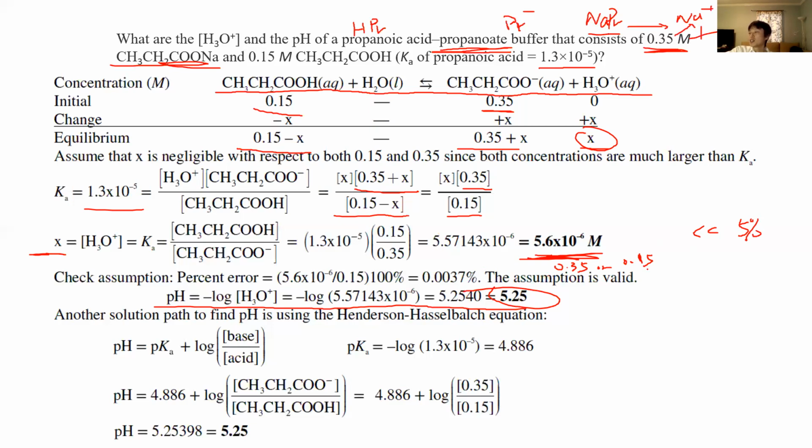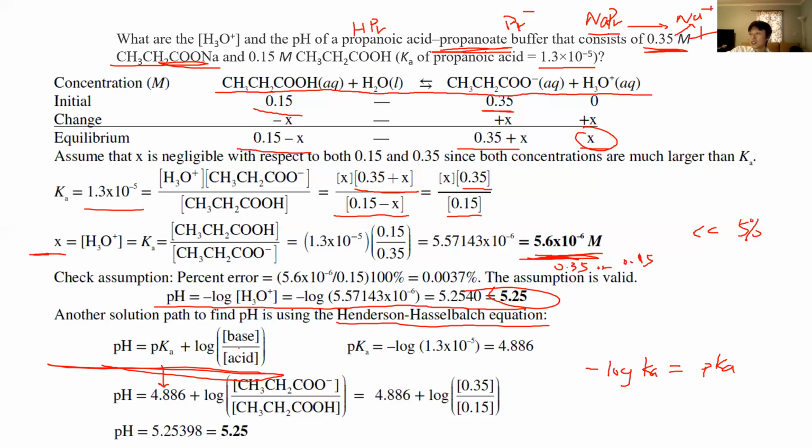This is the most accurate way to solve this. Another way to solve this, and this is easier, is using the Henderson-Hasselbalch equation, because we have a buffer. With the buffer system, we can use this equation directly. The Ka value is given, so we can calculate pKa, which is the negative log of the Ka value.